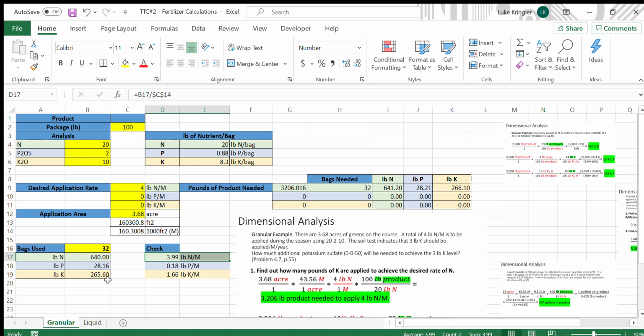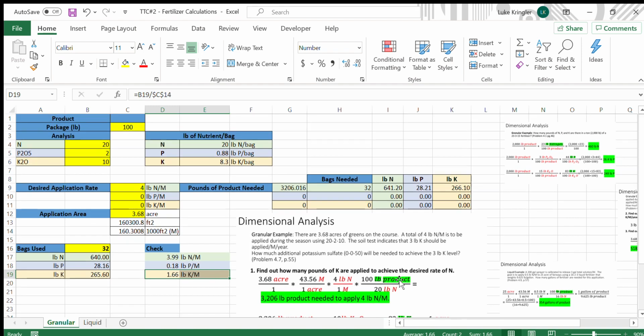Now, what this check also returns is that in this 3,200 pounds of fertilizer that we're going to apply, we're also applying 1.66 pounds of potassium per 1,000 square feet.